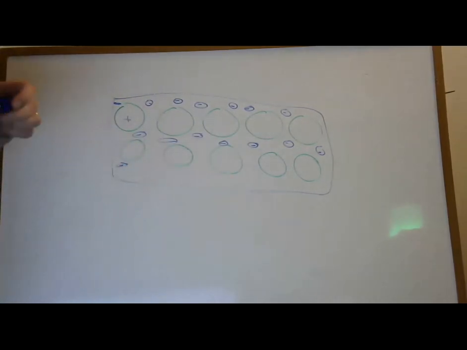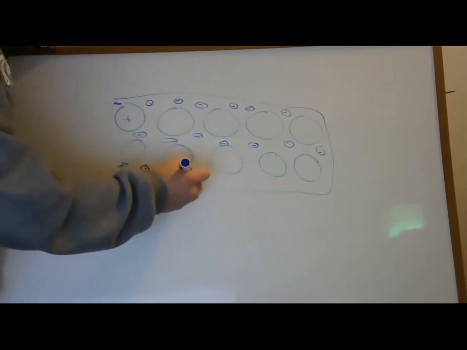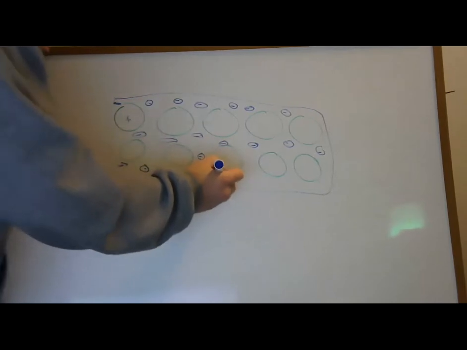So the negatively charged electrons keep the metal ions together and happily bound together. So the outer electrons separate from their atoms and become delocalized, and you get this sea of electrons.